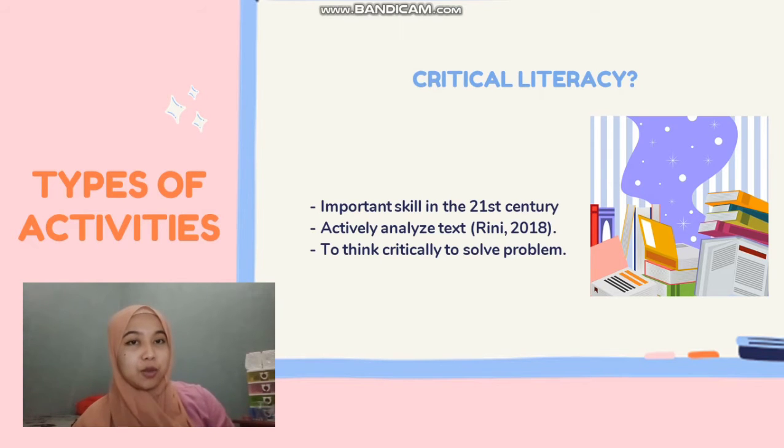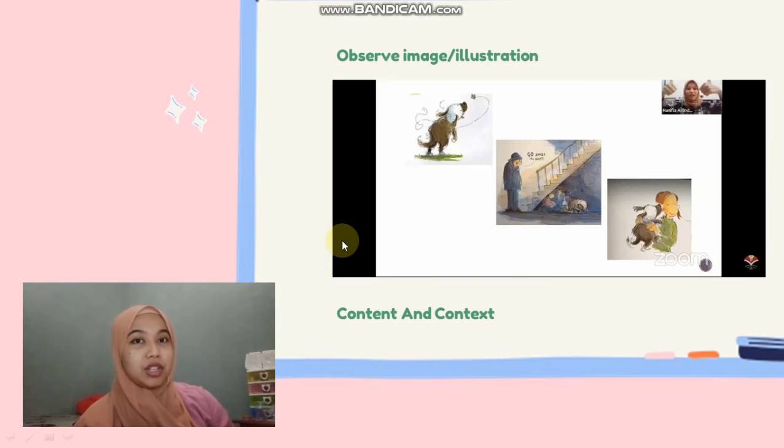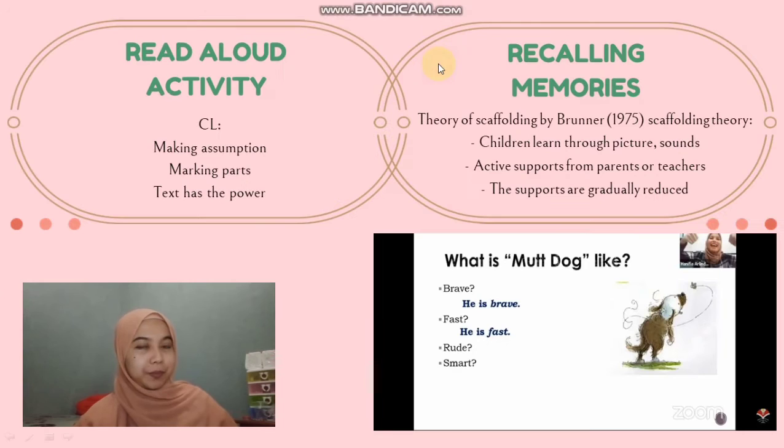In language learning, critical literacy should encourage learners to actively analyze the text and think critically to solve a problem. So, before reading a text, the teacher introduces the keywords and facts that will appear in the story, and allows the students to observe the images or illustrations of the story, all of which are the initial description of the content and context of the story.